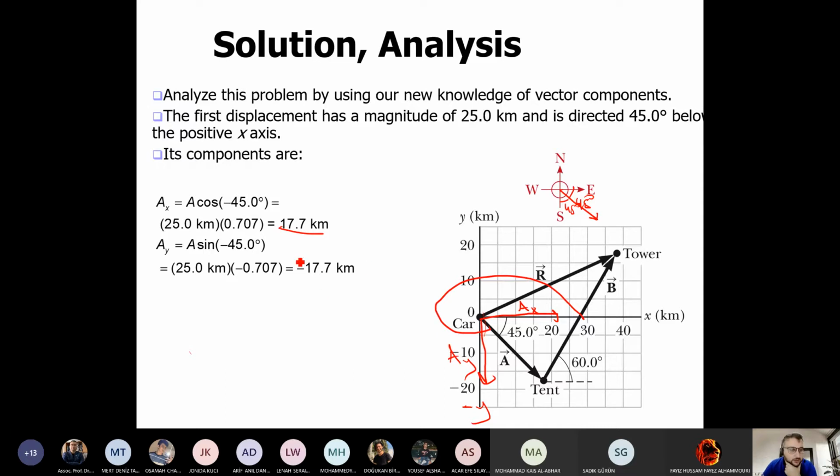This angle is what? 360 minus 45 is equal to 315 degrees. So if you use this angle also, you will find automatically negative. Okay. Yes. Thank you. You're welcome.